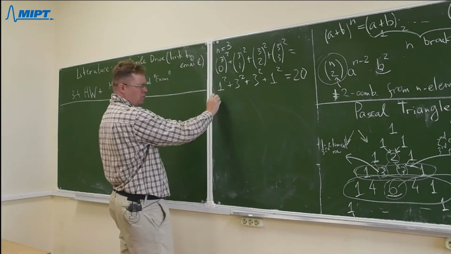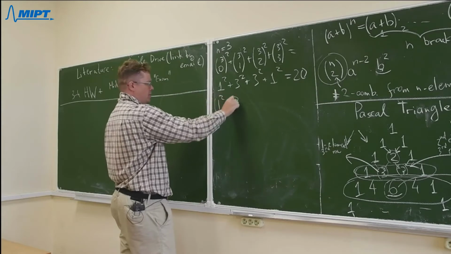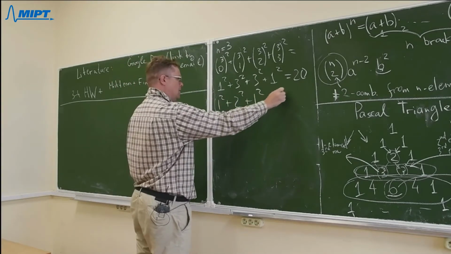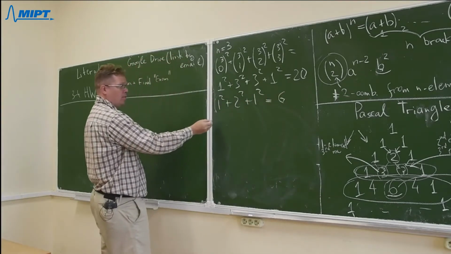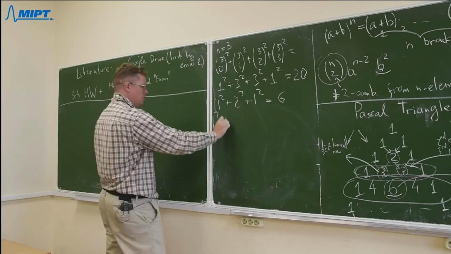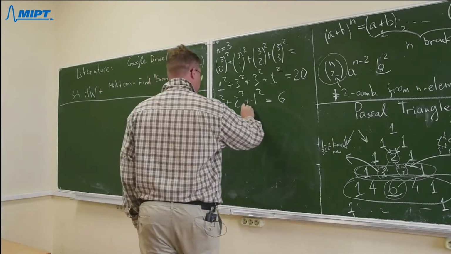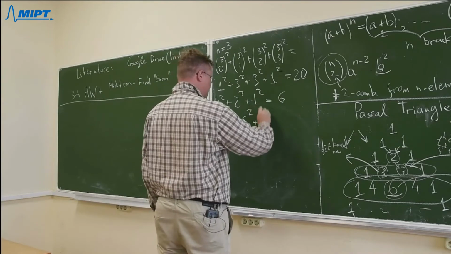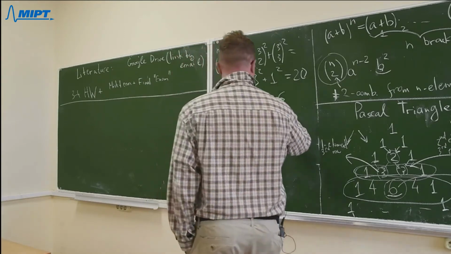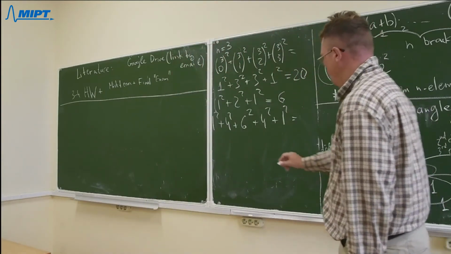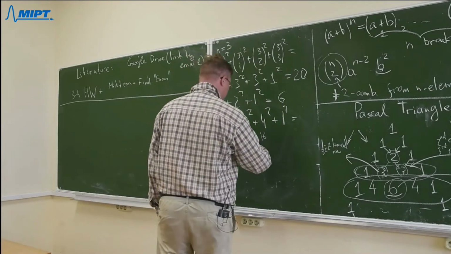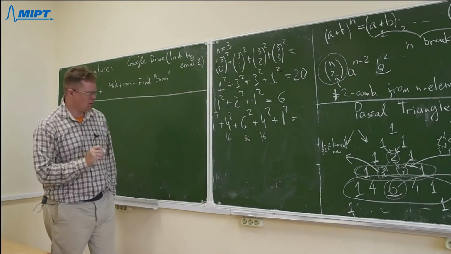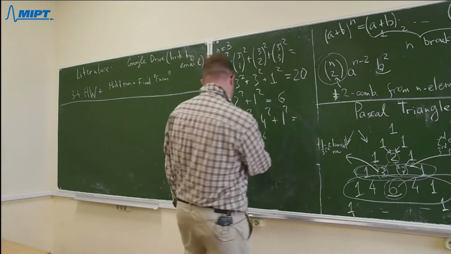For the second row, I'll have 6. For the fourth row, I'll have 16, 16, 36, 70. Right?